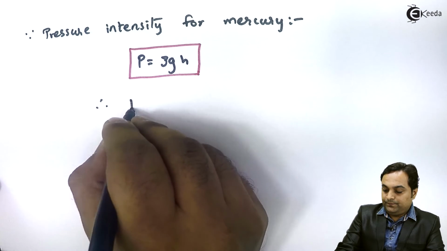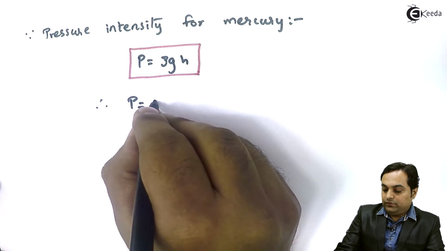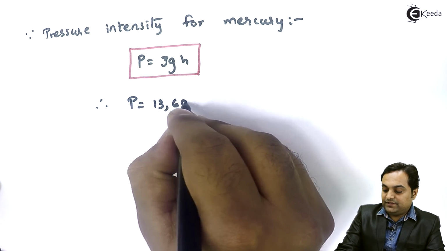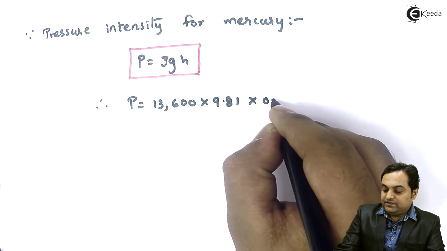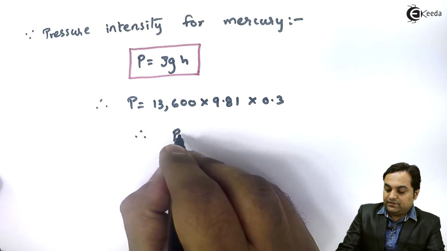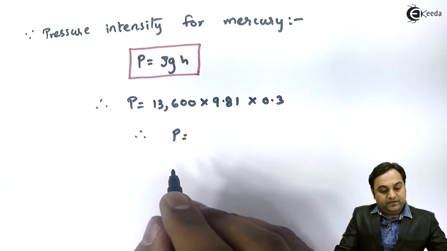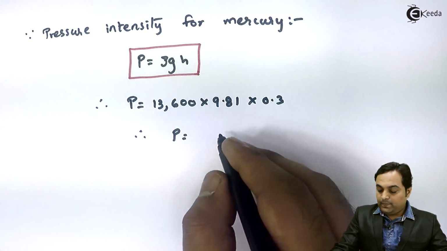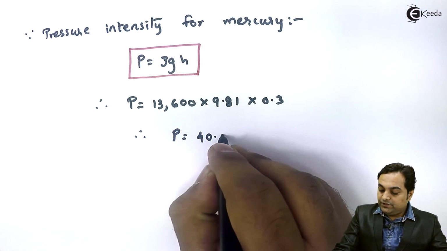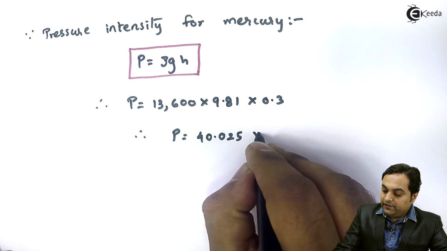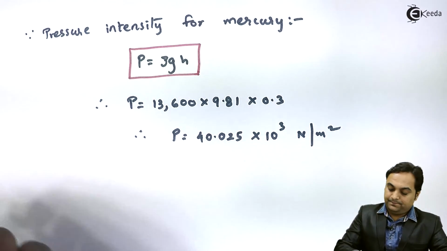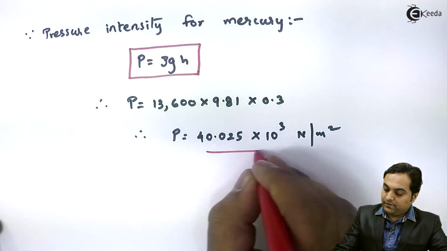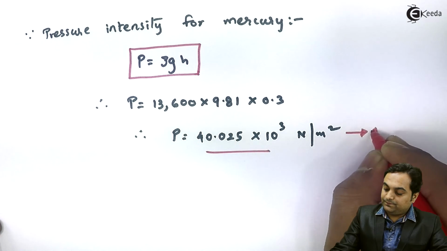So therefore P is equal to, density is 13,600 into G is 9.81, H is 0.3. So from this the pressure intensity answer, that comes out to be 40.025 into 10 raised to 3 Newton per meter square. Our third answer.